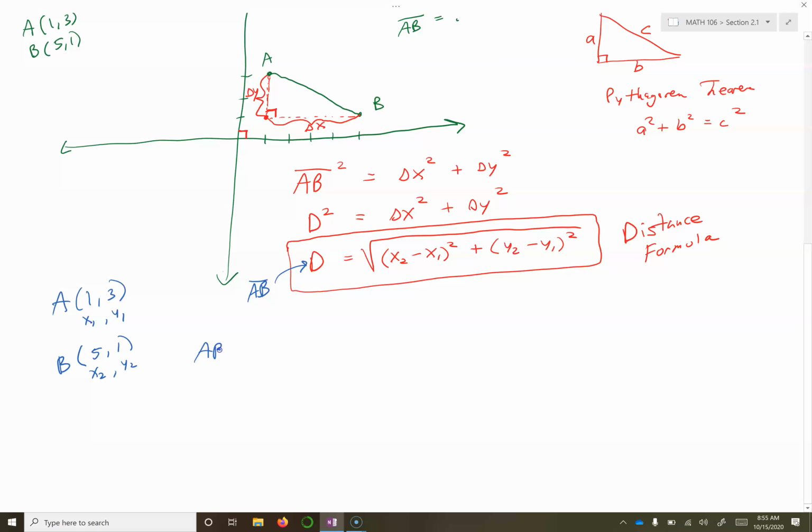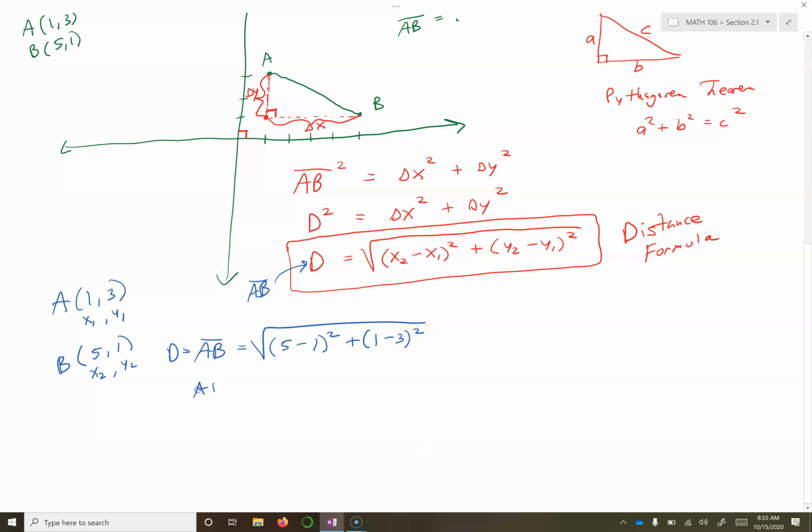So AB bar, which is really D, is going to be equal to the square root of, and we're going to plug these numbers in. So we're going to take the difference between x2 and x1. So x2 is 5, x1 is 1, and we'll be squaring that. And then adding to it y2, which is 1, minus 3 squared.